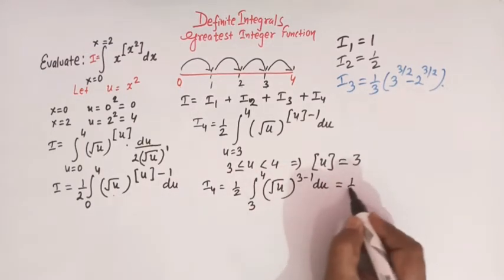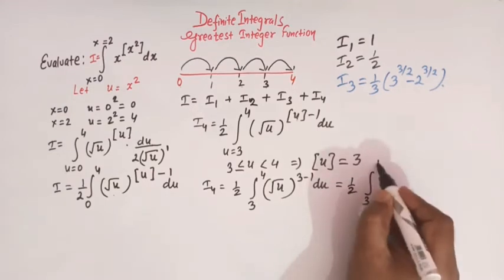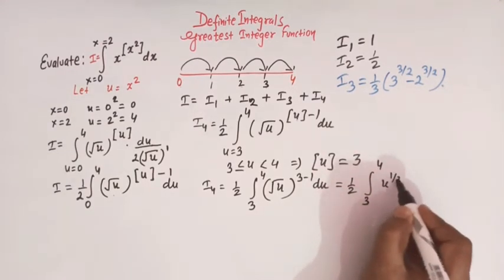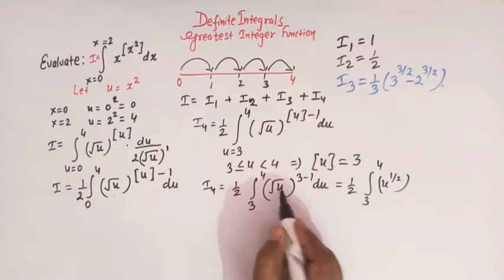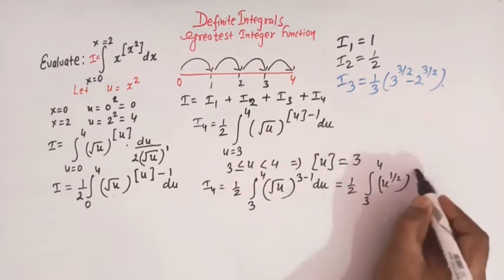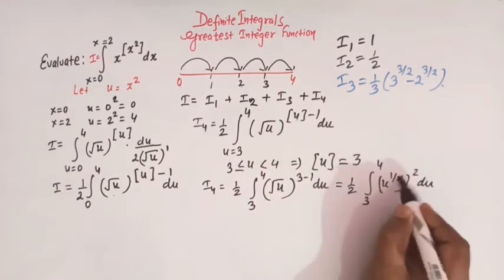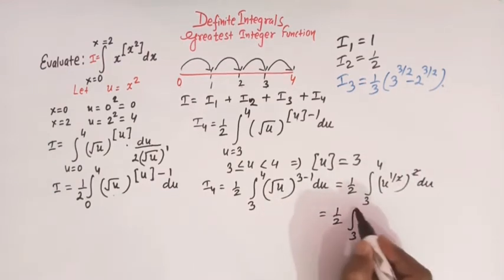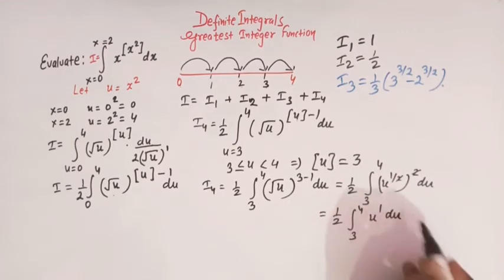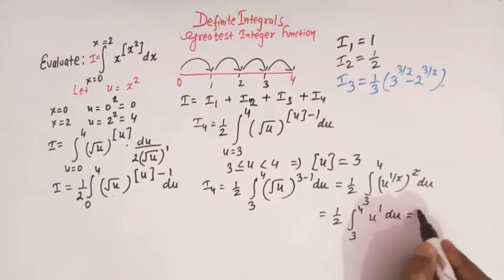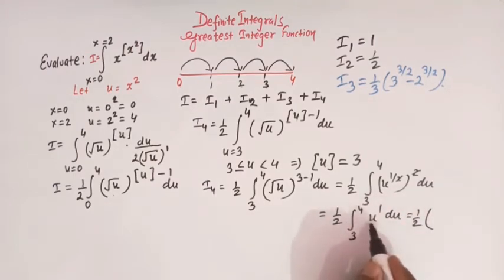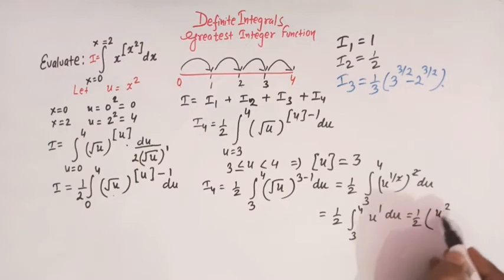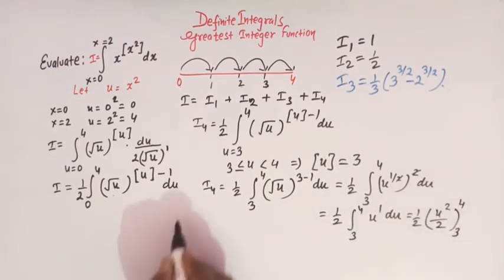And now we have half integral 3 to 4, and here we have u raised to half, square root of u, and this is 3 minus 1, that is 2, du. 2 and 2 get cancelled, we have half integral 3 to 4 and u raised to 1 du, right? And the integral of u raised to 1 is u square over 2, and the limits are from 3 to 4, right?